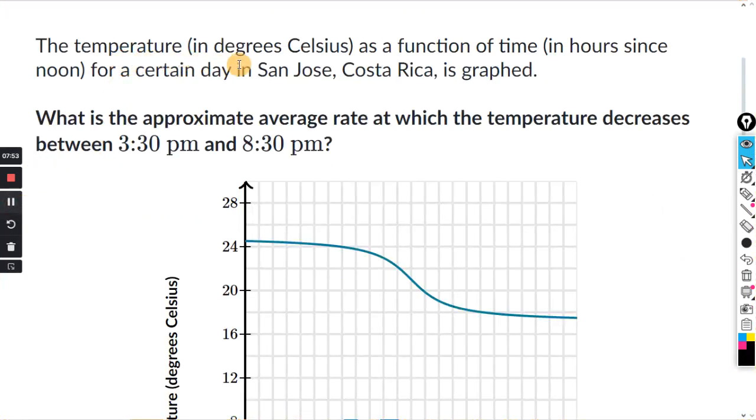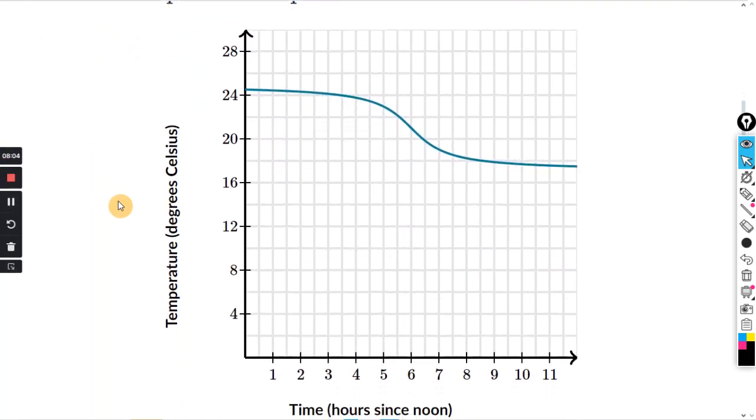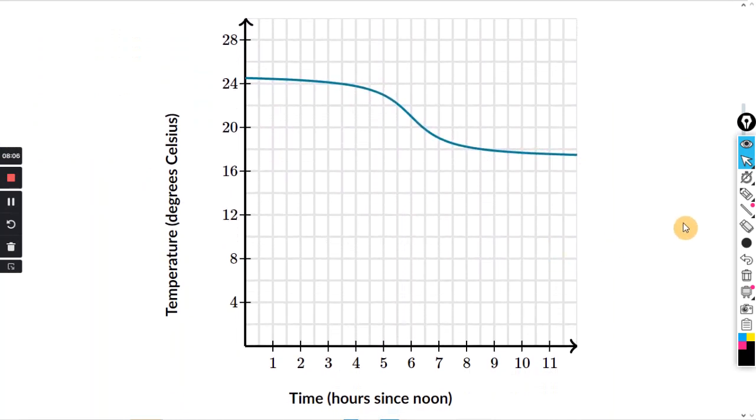All right, the temperature as a function of time is graphed. What is the average rate of change at which it decreases between 3:30 and 8:30 p.m.? All right. So, this is the time in hours since noon. So 3:30 is going to be 3.5 hours since noon.